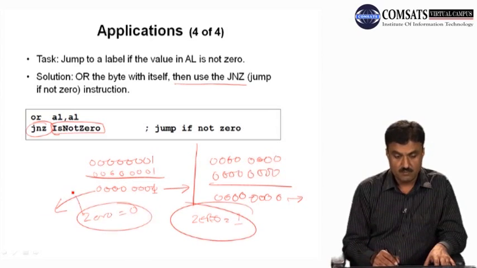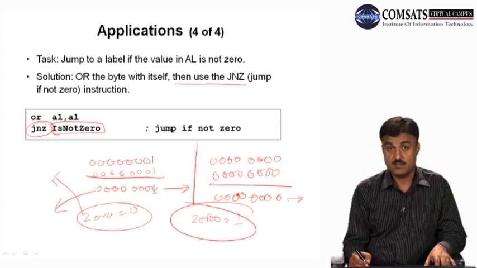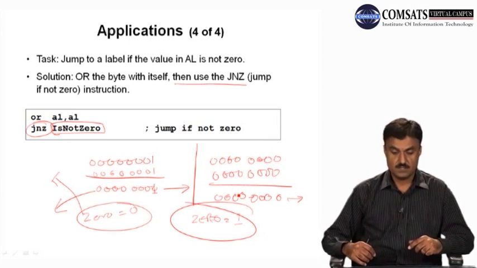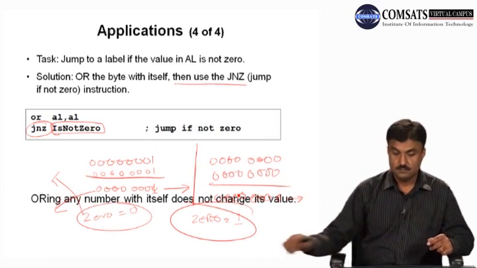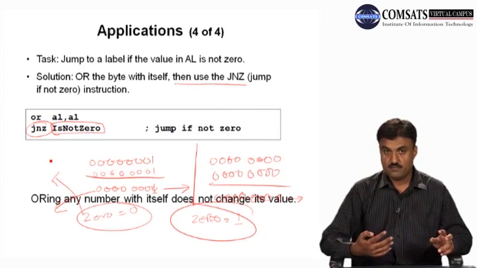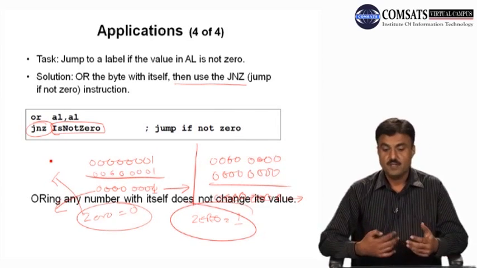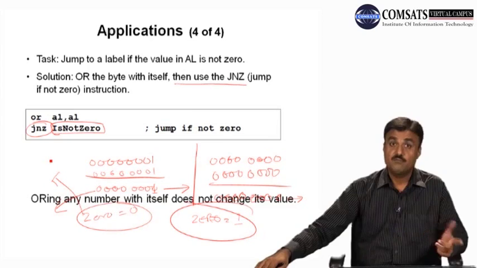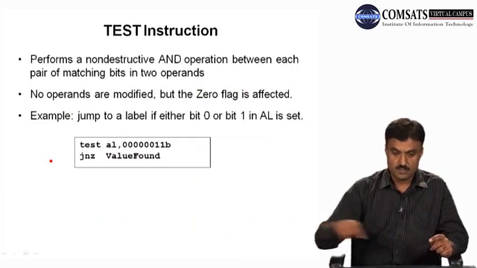If the value inside the AL register is already 0, then the jump instruction will not be executed. As I told you, if we perform OR on any number with itself, it doesn't change the value at all. The value remains the same, but the flag register is affected. That is the reason we use this OR operation.